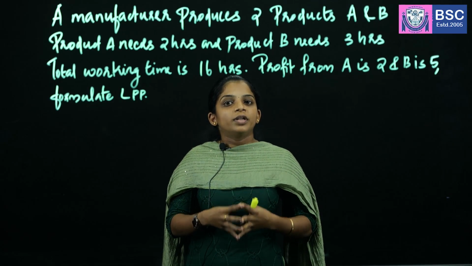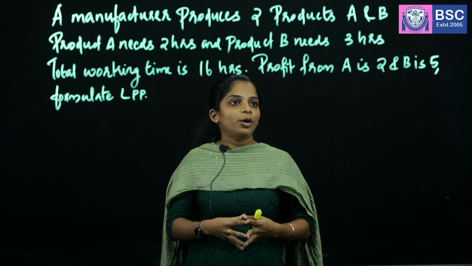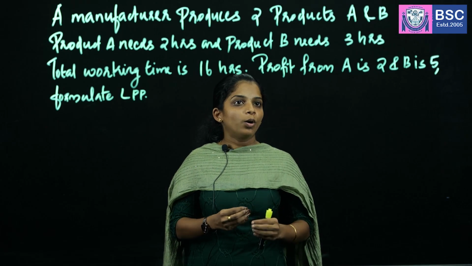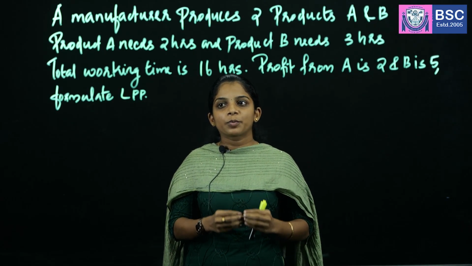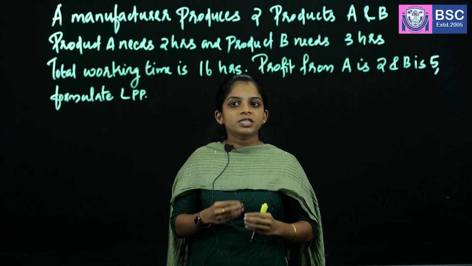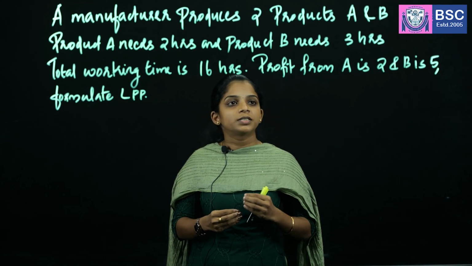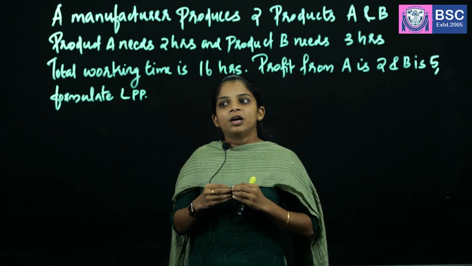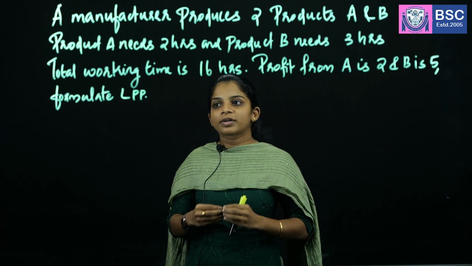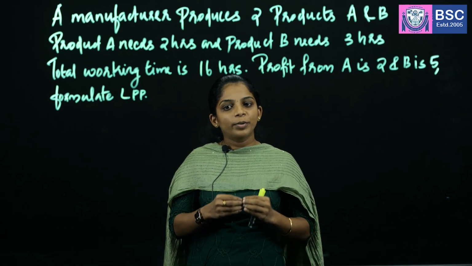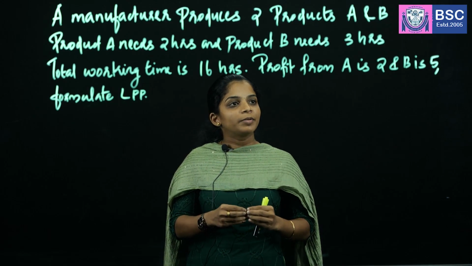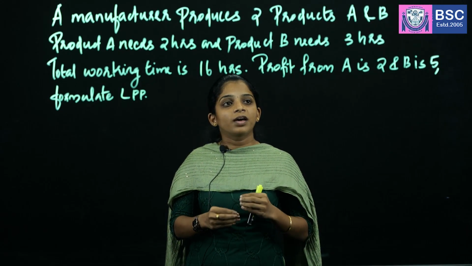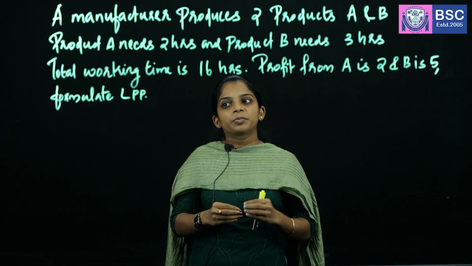Now let us discuss how to make an LPP, or mathematical model, in the linear programming technique. First I need to discuss the stages or steps involved in the formulation of this mathematical problem. Every business organization has a common objective, and at the same time they need to formulate several other objectives as per the requirements.